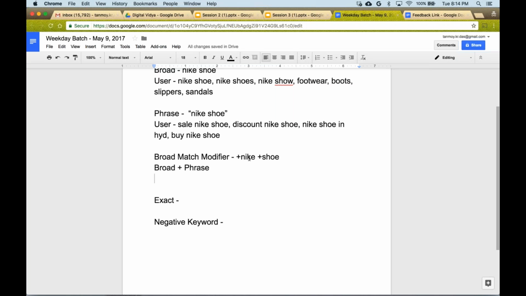And this is what it says: when people come to google.com and search for your keyword with something written before the keyword, after the keyword, in between the keyword, wherever it might be, till the time your keyword is there in the search, the ad might show to him.